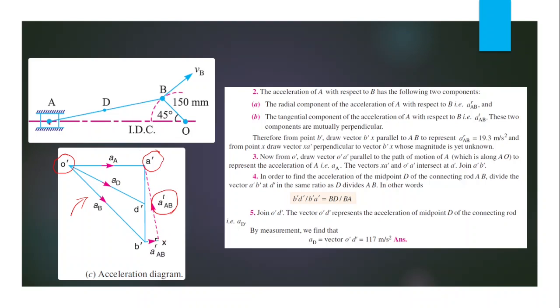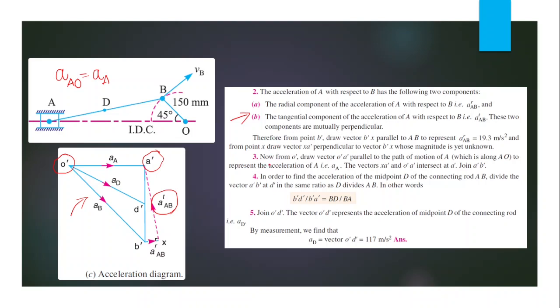Then in the next step, the acceleration of A with respect to O. That's again the complete acceleration of A. We have discussed these two steps already.